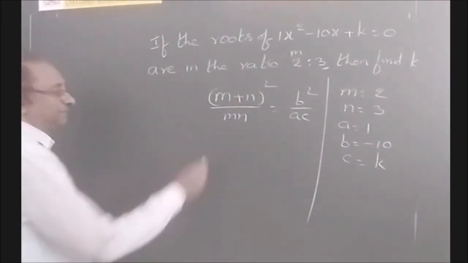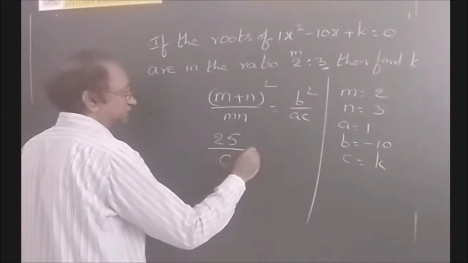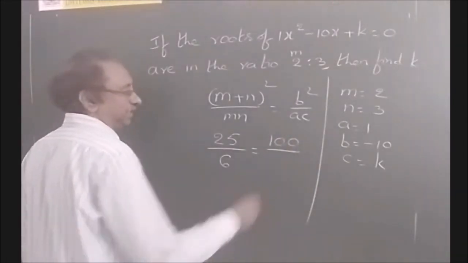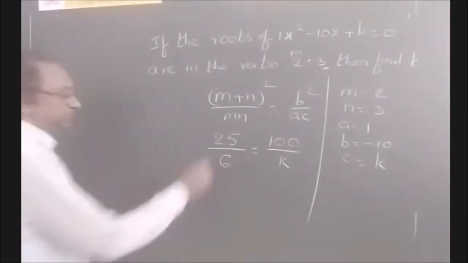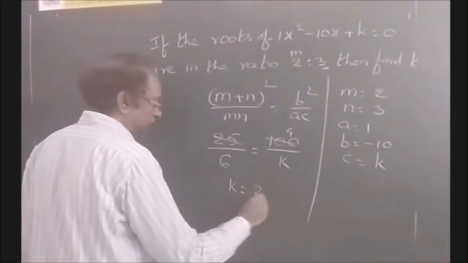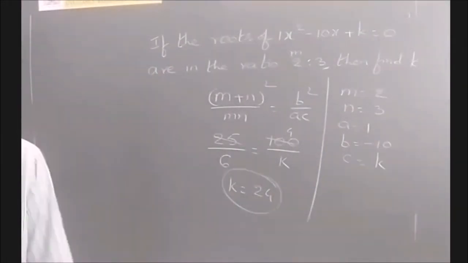And therefore (m plus n) whole square 25 by m into n 6 is equal to b square, minus 10 whole square 100, by a into c, that is 1 into k. And therefore 25 cancels in 100 4 times. So you get k is equal to 24. So in one step you will get that.